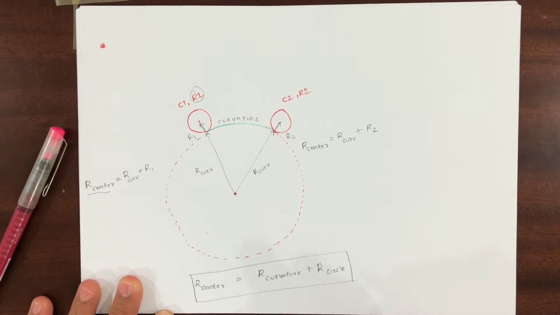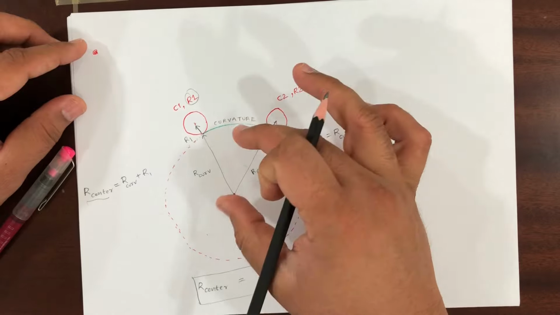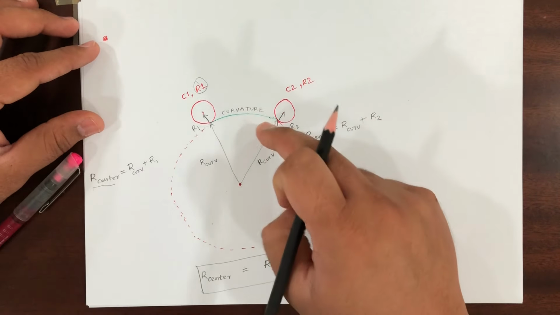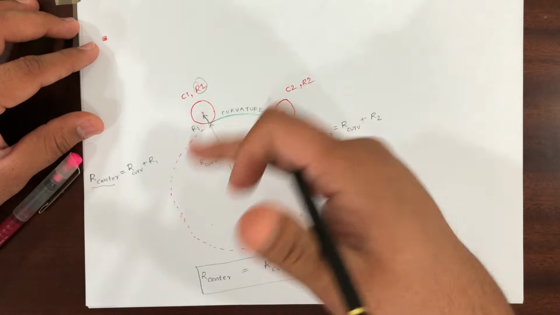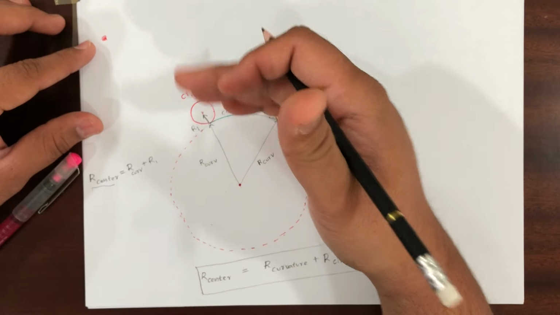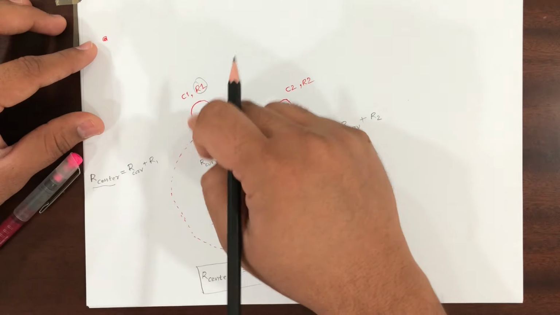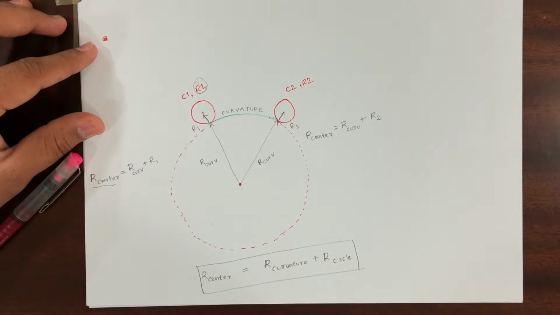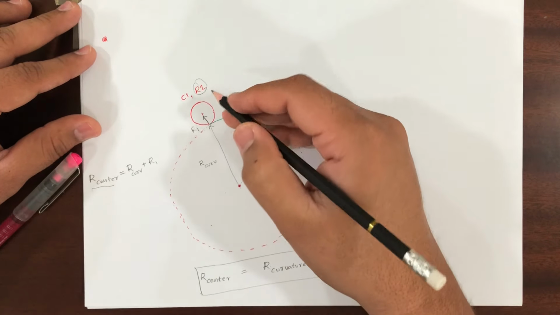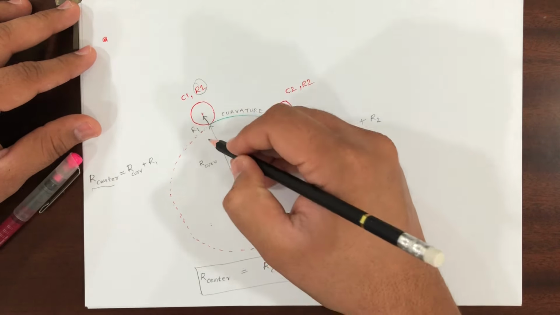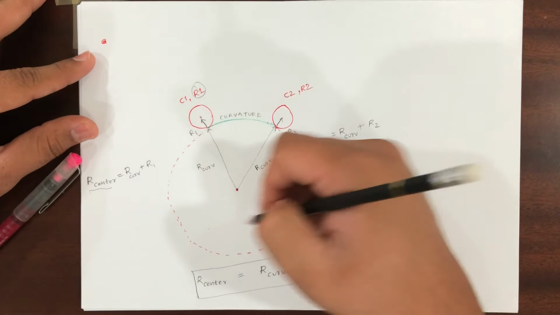Now how do we differentiate? There is a special name for it, because these two small circles lie outside of this big circle, on the opposite side, not inside the circle.